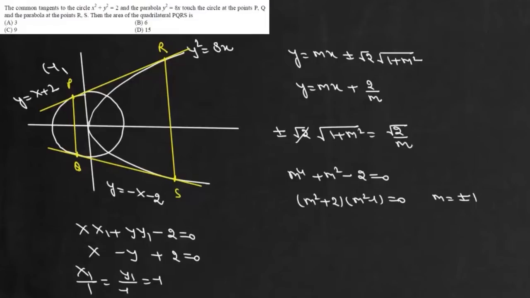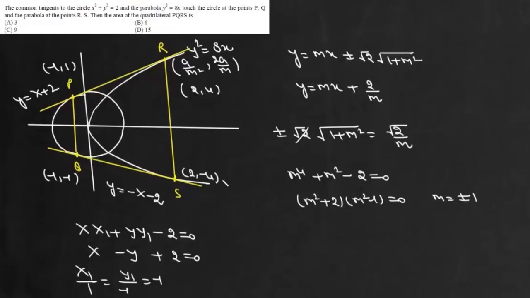So this P is minus 1 comma 1, and this Q is minus 1 comma minus 1. For this parabola, we know that point of contact is given by a by m square and 2a by m. Now in this case, a is 2 and m is 1. So it will be 2 comma 4. So coordinate of R is 2 comma 4, and this coordinate will be 2 comma minus 4.